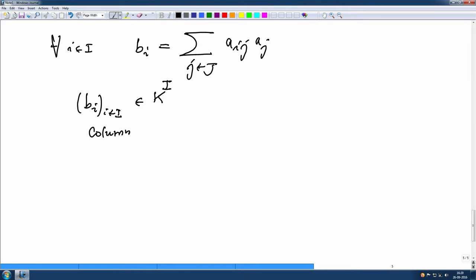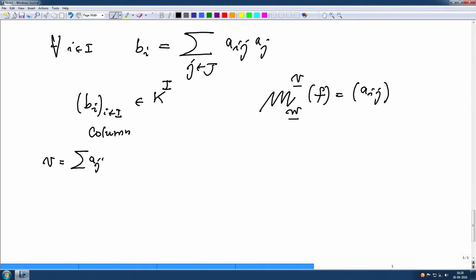On the other hand, what do we have? We have a matrix M_{V,W}(f), which is the matrix A_ij, and we have the coordinates of v, which we have written as the summation of a_j v_j.